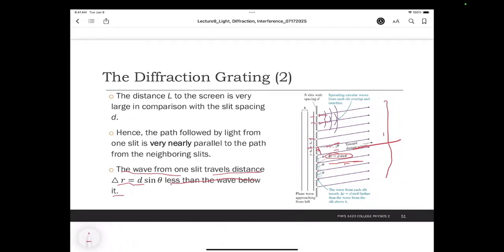So this distance is delta r equal d sin theta, which means this path is shorter than this one by this distance. So this one is shorter than this one, which is shorter than this one, and this is the value. Does it make sense to you? Okay, let's continue.